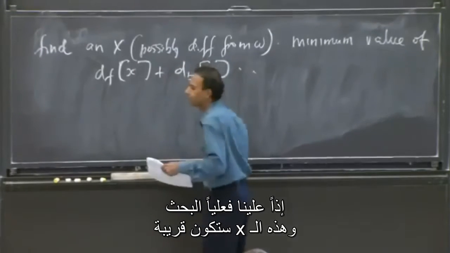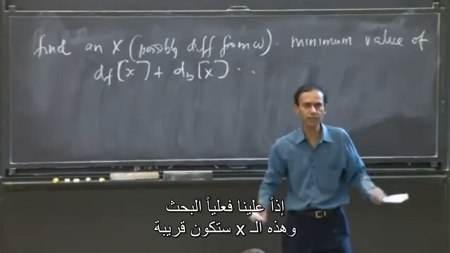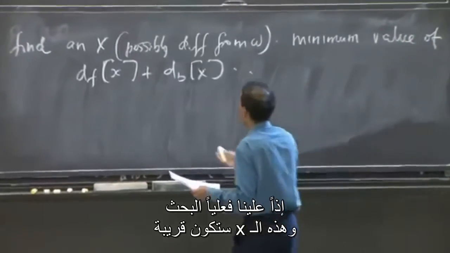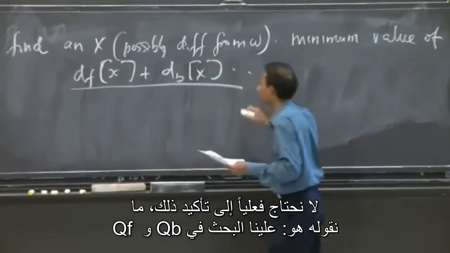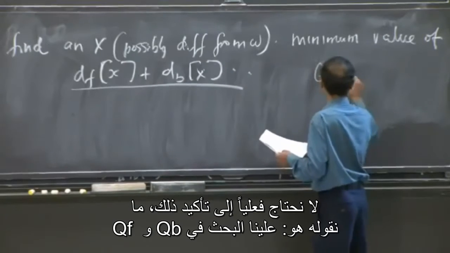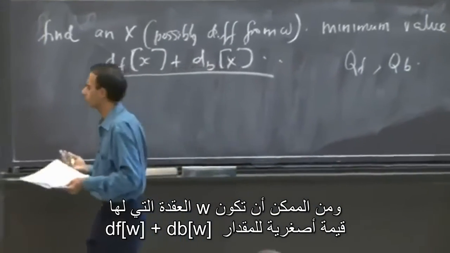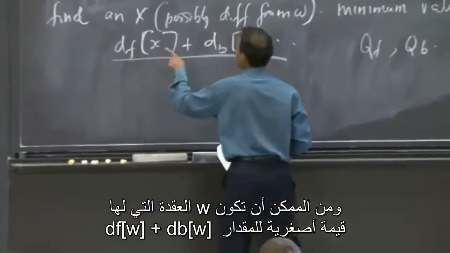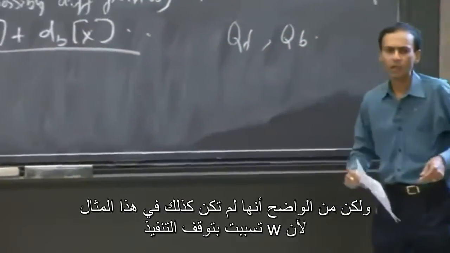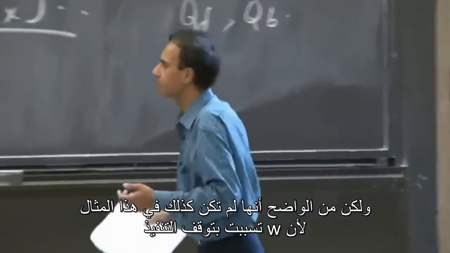So we have to actually look, and this x is going to be neighboring, but we don't really need to specify that. We're going to have to look at Qf and Qb. It's possible that w is the one that has minimum df of w plus db of w, but clearly that wasn't the case in this example.